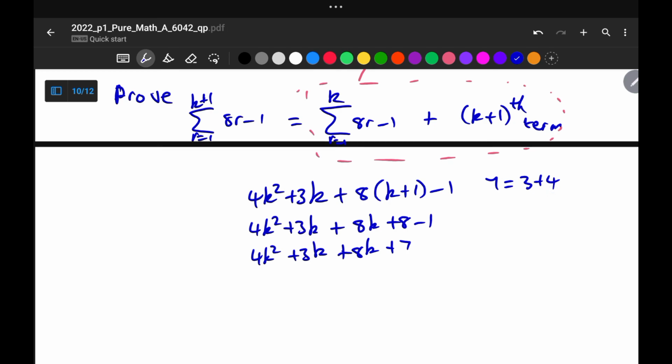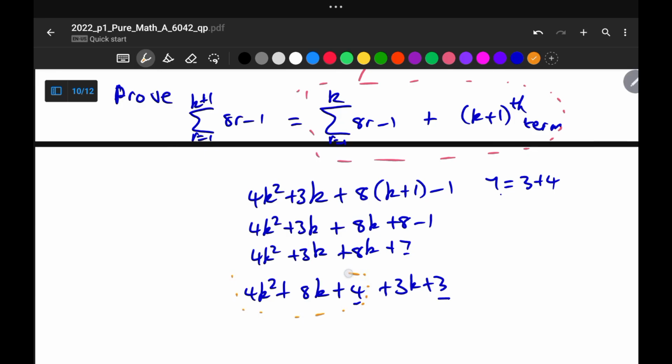So it is now 4k squared plus 8k plus 4 plus 3k plus 3, because we know that this 4 plus this 3 gives us 7.